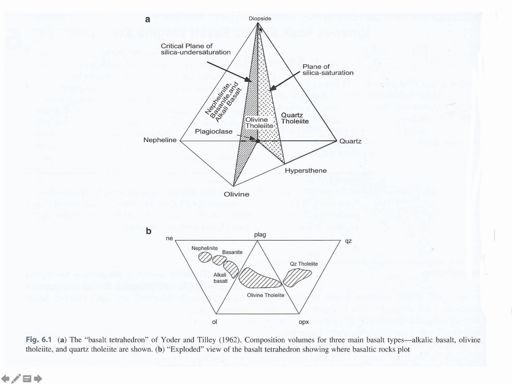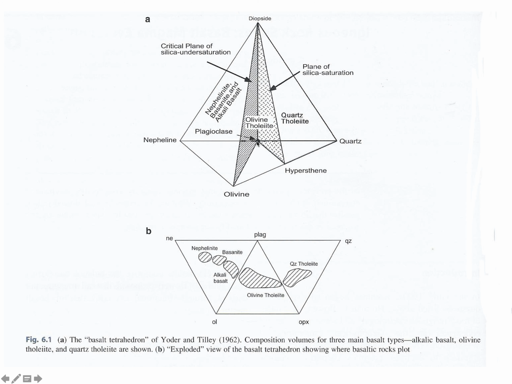Then we have the plane of silica saturation. And here we have the critical plane of silica undersaturation, and therefore we are forming a rock consisting of hypersthene, diopside and plagioclase.